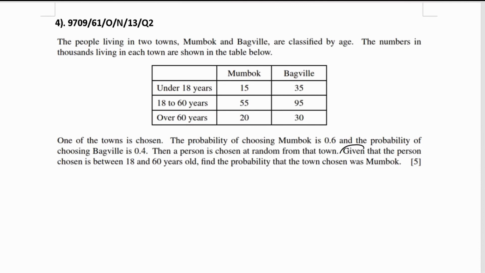You can see the keyword given here: this is a conditional probability question from October-November 2013, variant 61, question 2. Please try to answer this question and put your answers in the comments below.